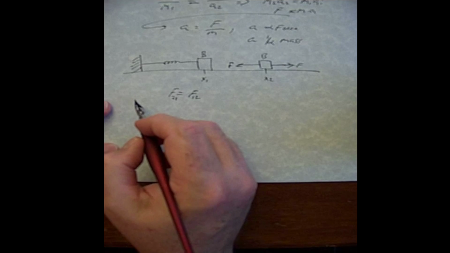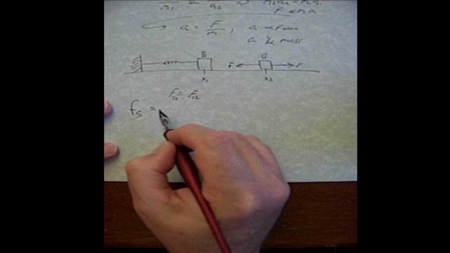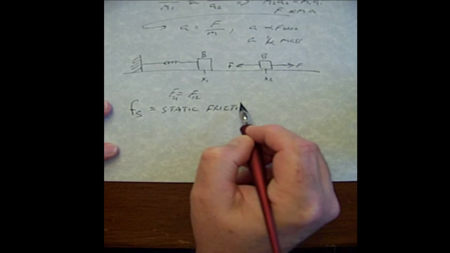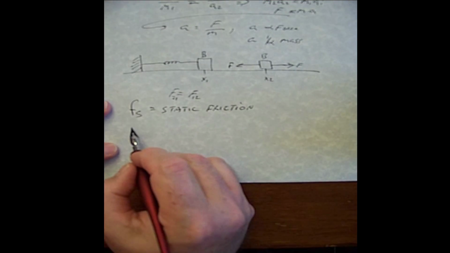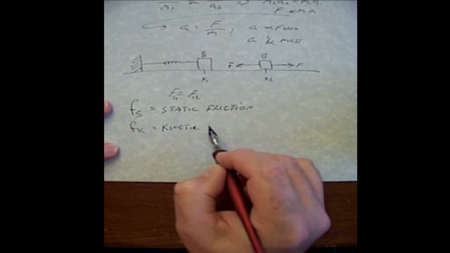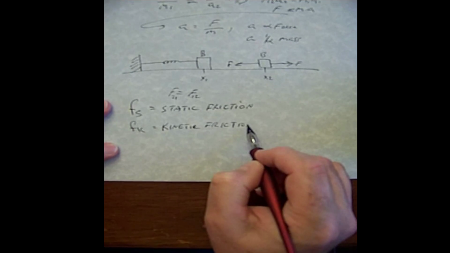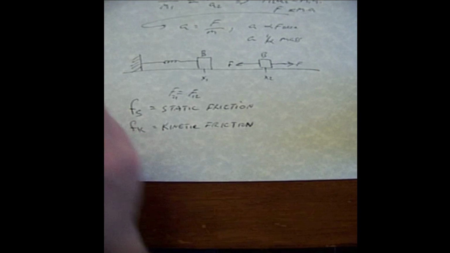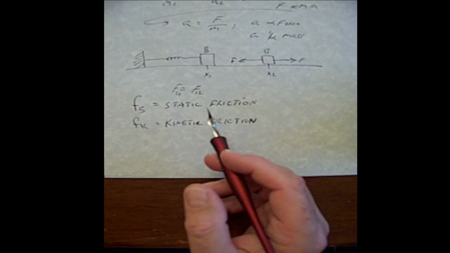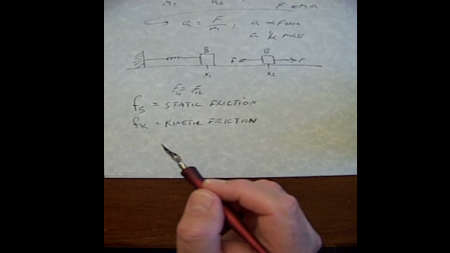There is static friction, which we'll call little f sub s. And there is kinetic friction, which we'll call little f sub k. Everybody knows what static and kinetic mean. Static means it's not moving. Kinetic means it is moving.